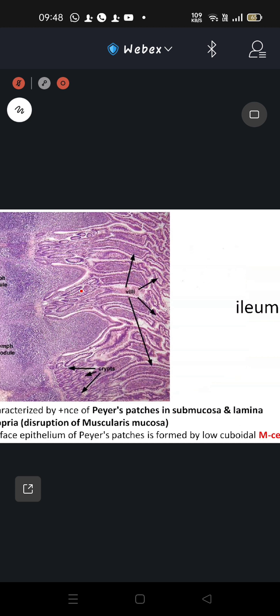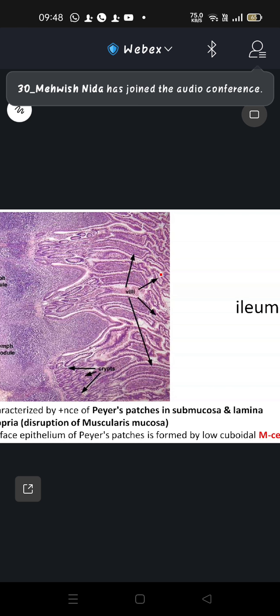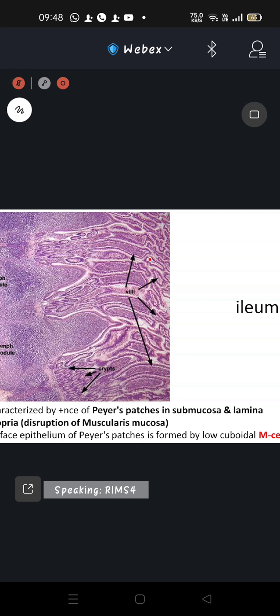What we see here, as far as the lining is concerned, is that the mucosa has villi which are short and narrower, short and slender, and lesser. The lining epithelium is simple columnar epithelium, but the goblet cells are increased.